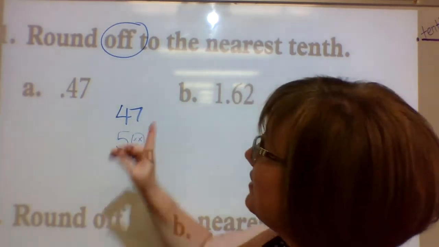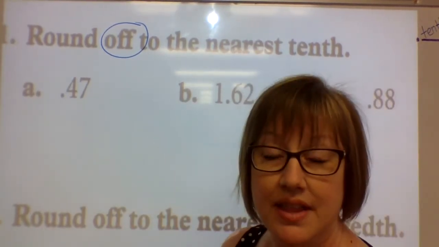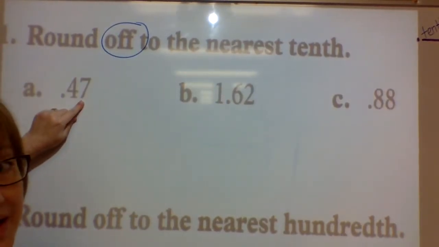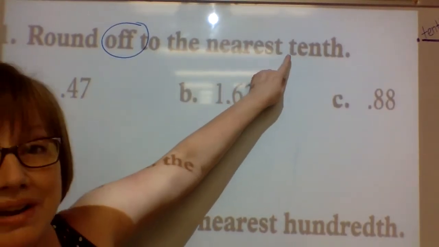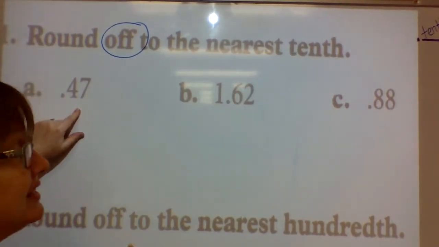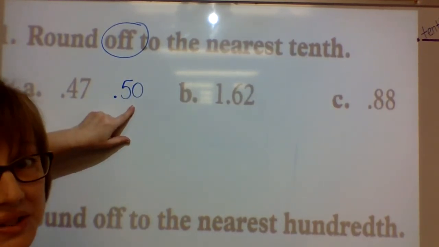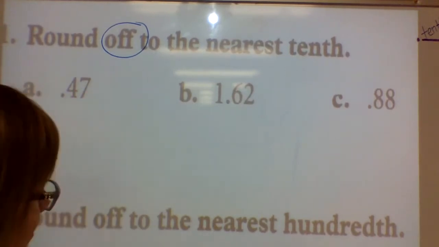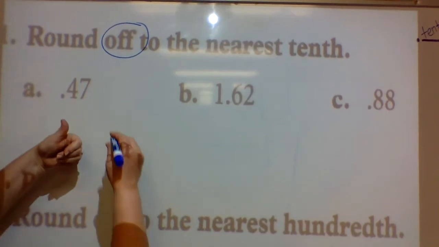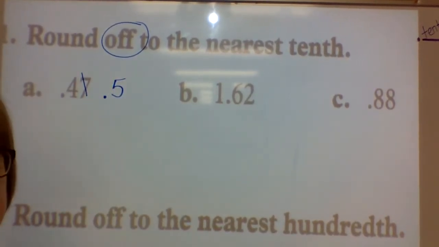Well, on this one, on decimals, you're actually going to round it off. That person's going to disappear. When you round to the nearest tenth, that's just going to have one decimal. So if we had 2 decimal places here, that's not tenths. That's 50 hundredths, right? Okay, so you round it completely off. 47 would round to 50. So you're going to round it completely off to 5 tenths.